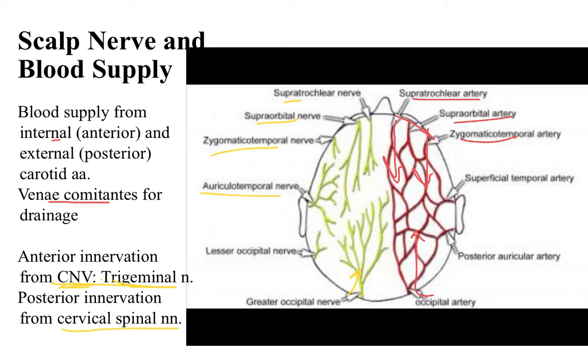One thing I want you to notice with the blood supply is that we have the arteries coming from anterior and arteries coming from posterior, but they all interconnect with each other.